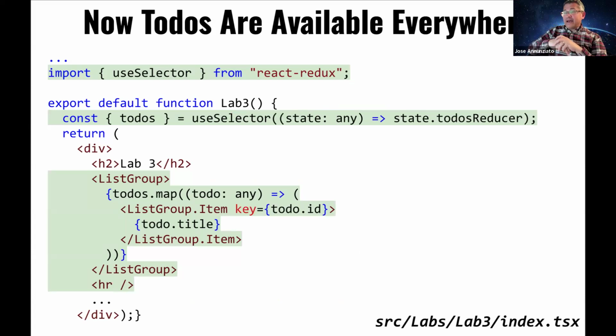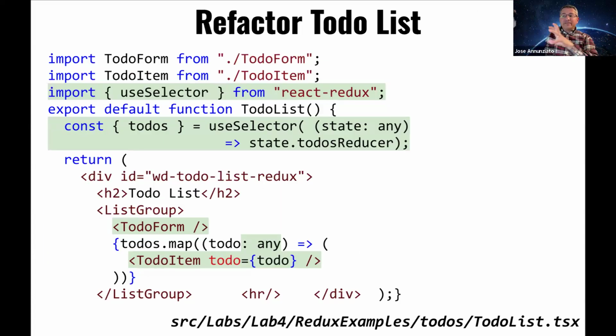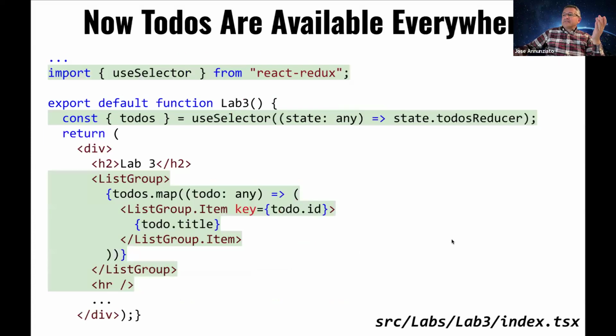And we get the benefit that the array of to-dos no longer is only available inside of the to-do list. Because now it's available in a global namespace, the store, and anybody can get a hold of that list of to-dos. Anybody can select. I can go to lab 3 or lab 2 or lab 1, any component, and just use a selector and say, hey, grab me the to-dos.